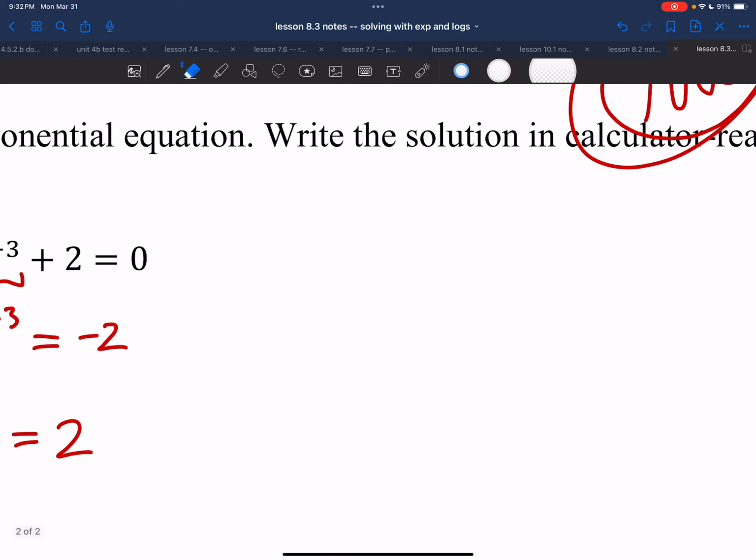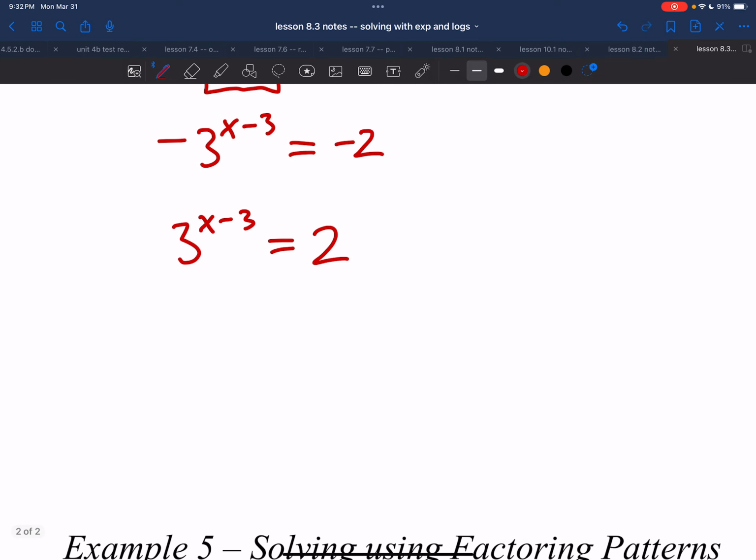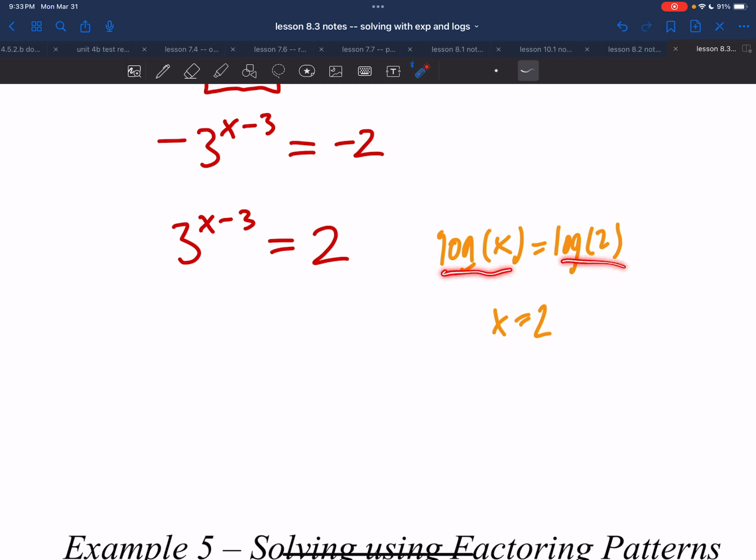When you say take the log of both sides, there's a rule that says if log of x equals log of 2, then the implication is that x equals 2, right? Well, this actually works both ways. If log of x equals log of 2, then x equals 2.